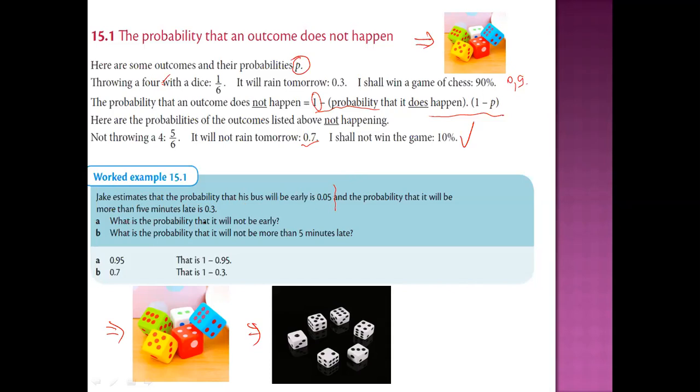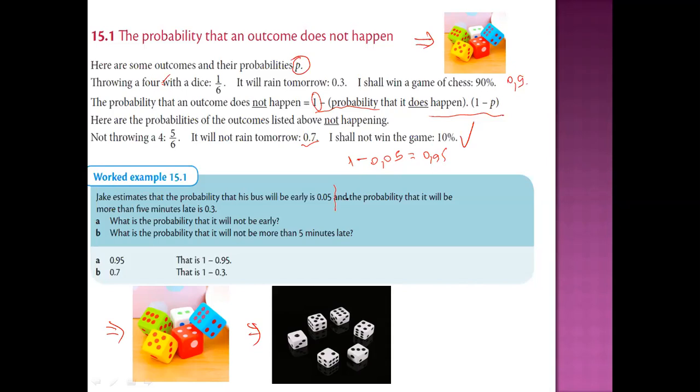What is the probability that it will not be early? So what was the formula? 1 minus 0.05 is exactly 0.95.